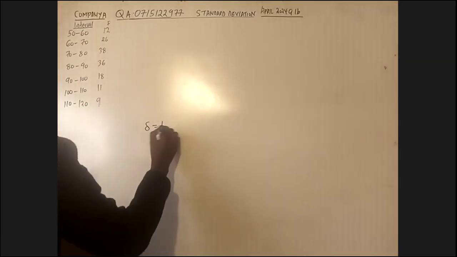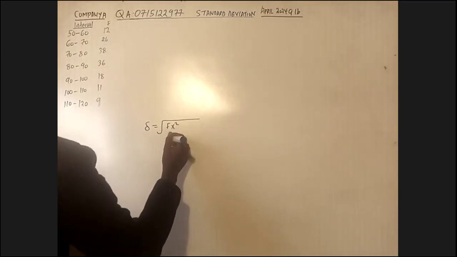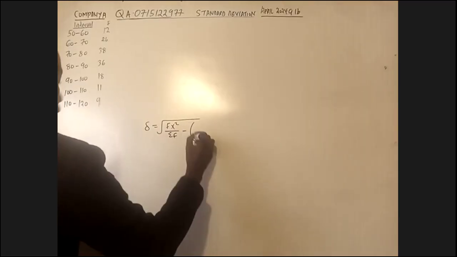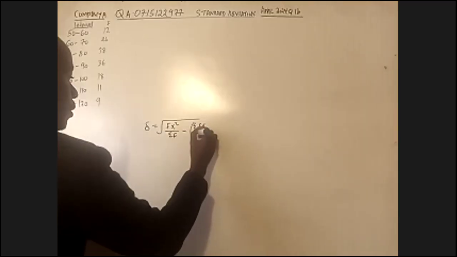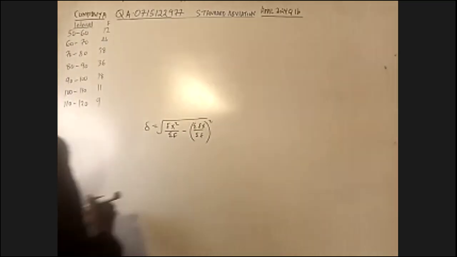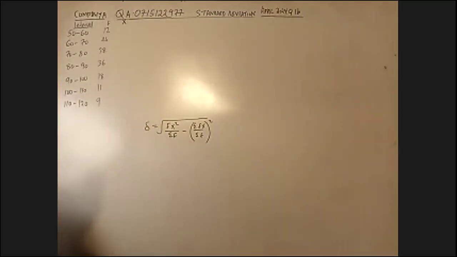Standard deviation is the square root of summation of fx squared over summation of f, minus summation of fx over summation of f, squared. So we need our x.